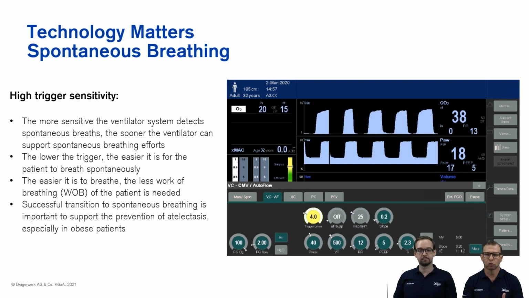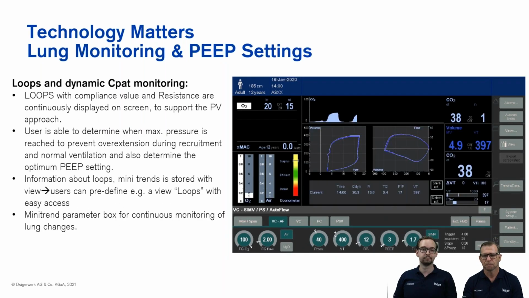So you need a really good responsive trigger. You need a high trigger sensitivity. You need to be able to adjust your trigger sensitivity to suit your particular patient, and that's all available on a lot of modern anesthesia ventilators.